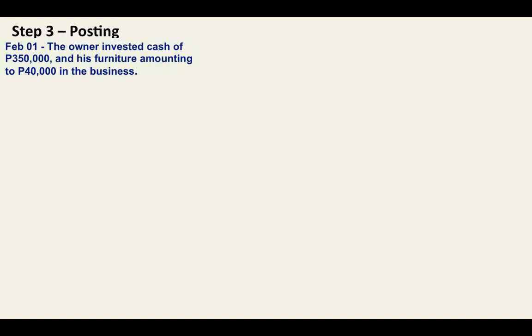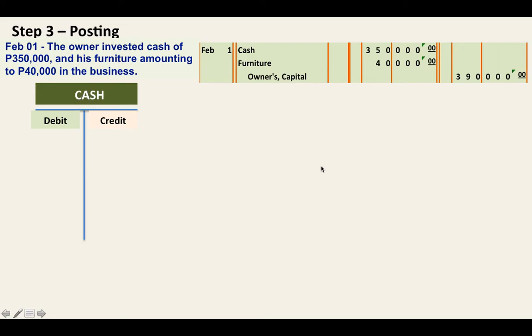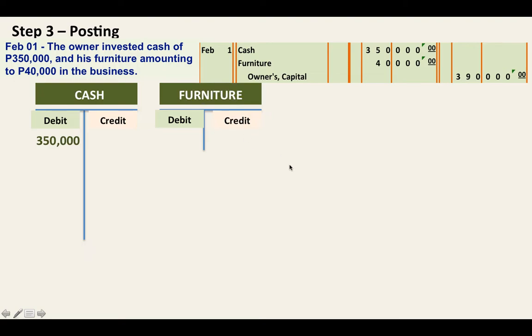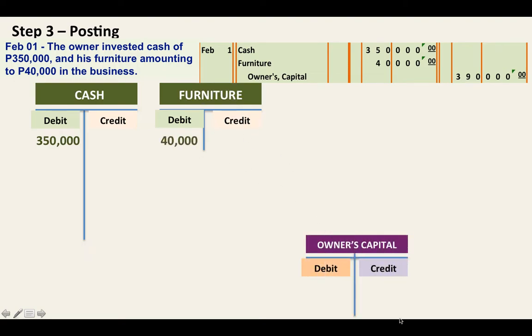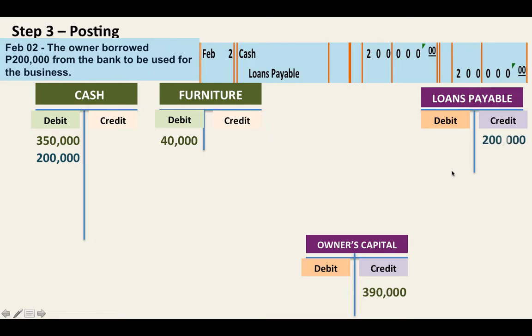So let's review what we had sa general journal pagdating sa posting. This is the transaction, we have our entry, and this account is posted on the respective general ledger account represented by the T account. So we have learned this already, right? Furniture, and then owner's capital 390,000. Okay, this is what we have done, and this is another transaction. This is the journal entry, and we will post this journal entry to the respective accounts.